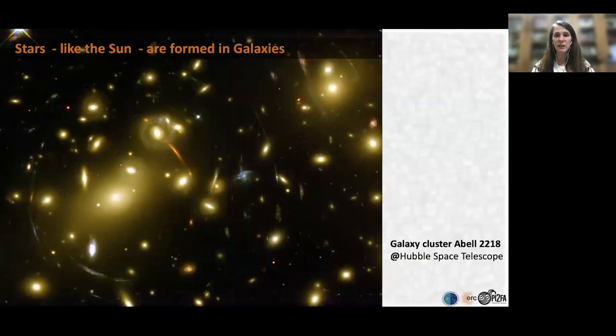What we see here is an image of a galaxy cluster observed some time ago by the Hubble Space Telescope, and it shows us a set of different galaxies, right? The sun, like many other stars, which are ordinary stars, or some of them peculiar stars, is formed in galaxies. There are millions and millions of stars in each of these galaxies that we see in this image, and one of them can be our sun.